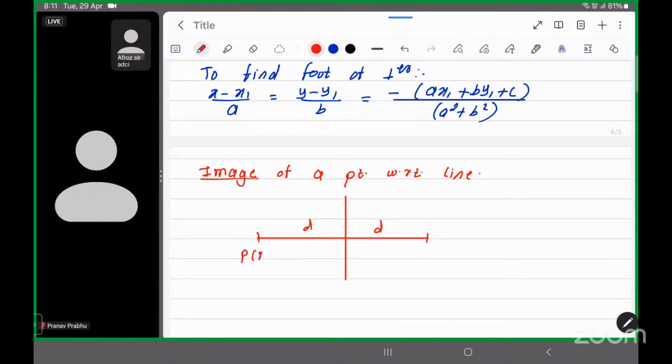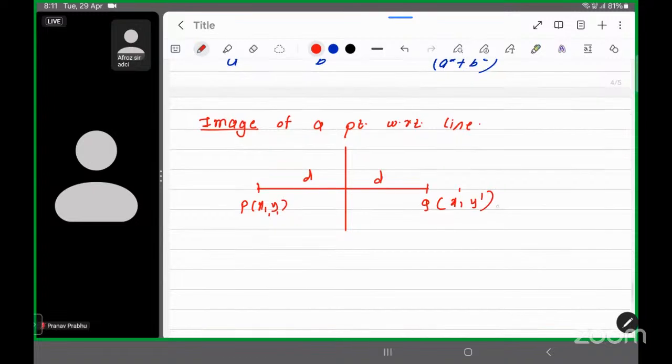P is called (x1, y1), and say Q is called (x dash, y dash), and this is the image of P with respect to the line. Here the equation of the line is ax plus by plus c equals 0.